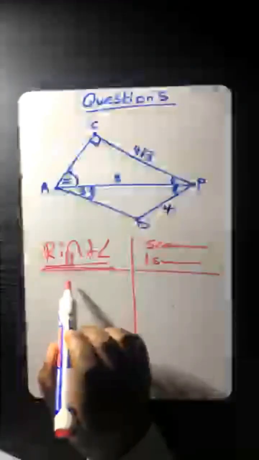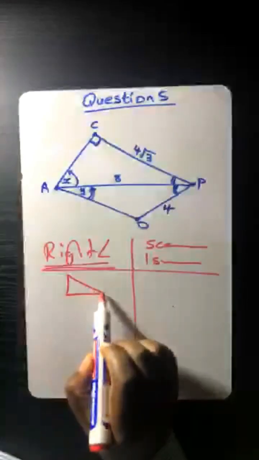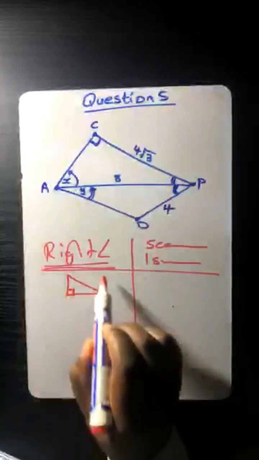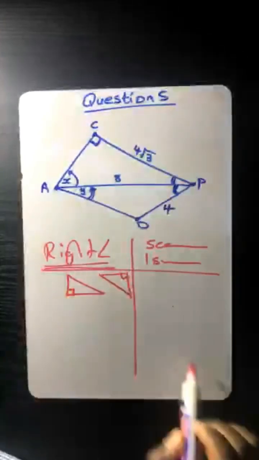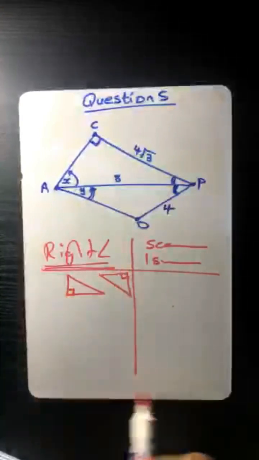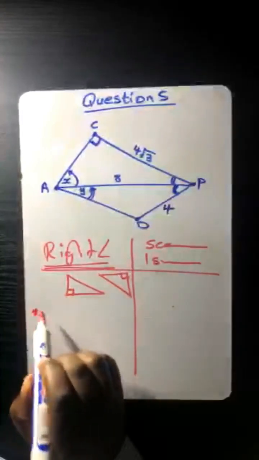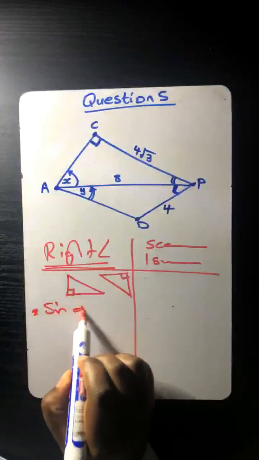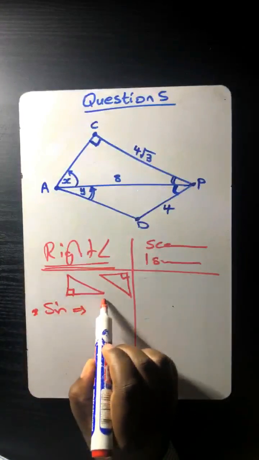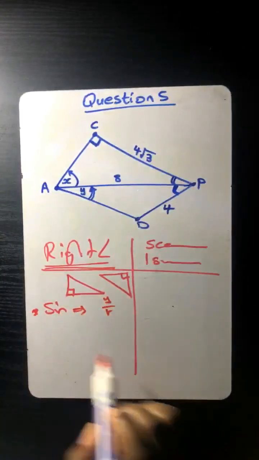That's if it is that shape of a triangle. Most importantly, it has to have that. It doesn't matter what shape it looks like. As long as it has that, it's a right-angled triangle. So that means we can use sine, which we know is opposite over hypotenuse.